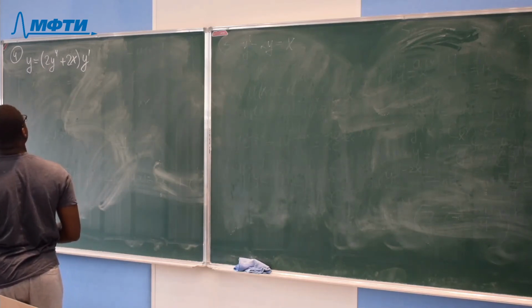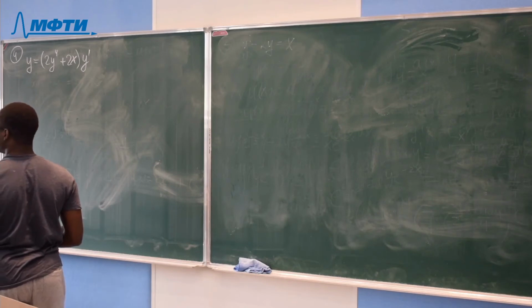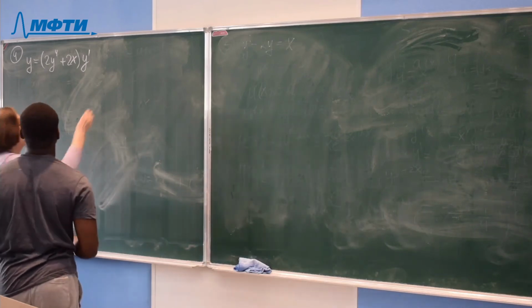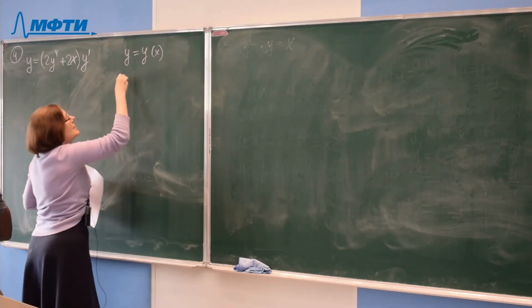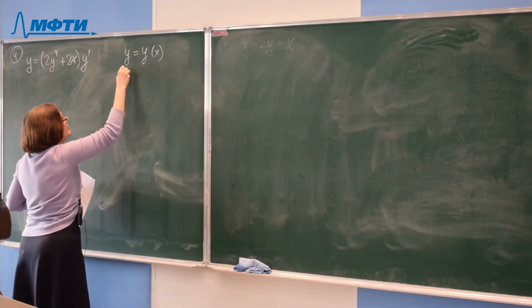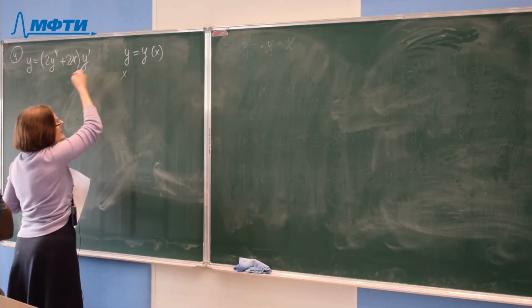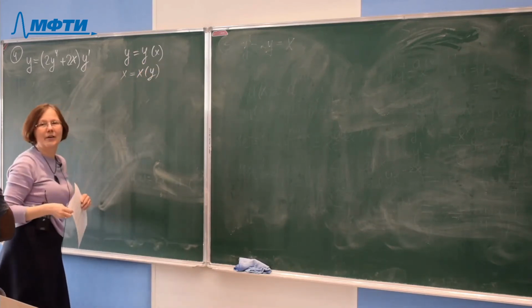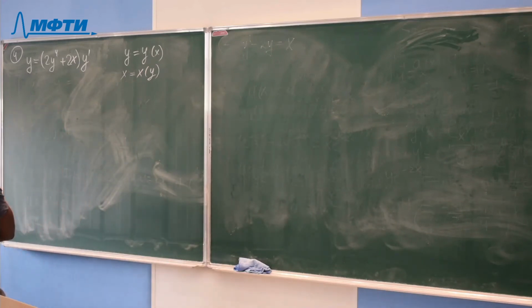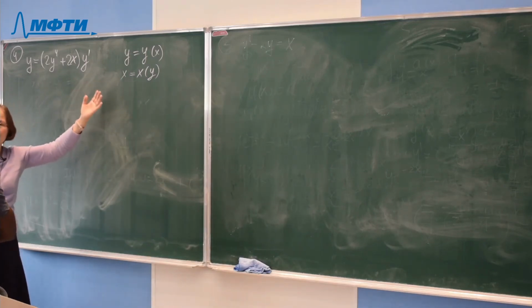But the hint is, if we consider this equation not as y depending on x, but try to find the solution in the form x as a function of y, then it will be linear. It is possible to give the answer in the implicit form.